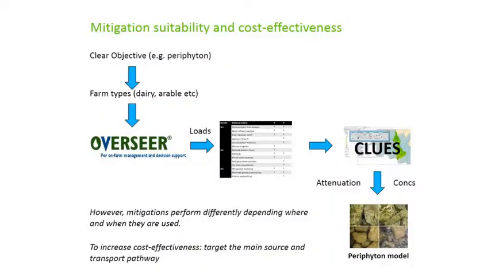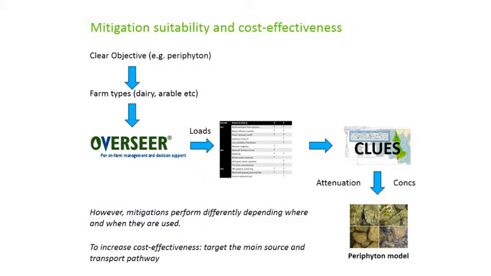So our current approach at a coarse, large catchment scale is to take that very clear objective, codify some farm types, a number of dairy operations, a number of arable operations, vineyards, etc., put them in, and then spit out some numbers. We use a model, could be this one, could be another one.